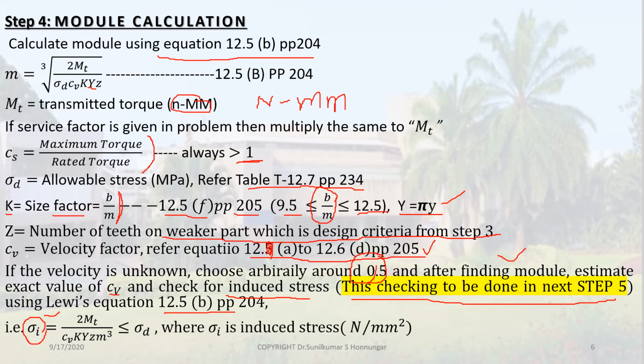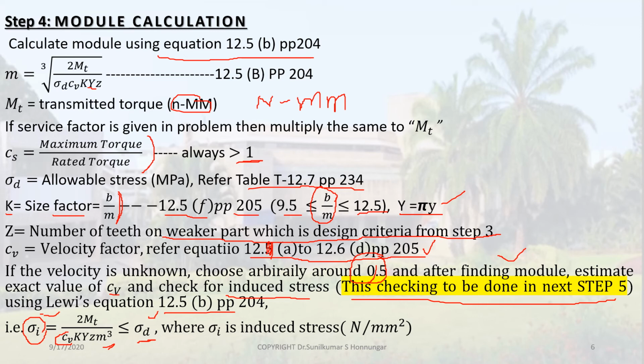That module was a cube root, so m cube has come over here, and that value has to be less than or equal to sigma d. Remember that sigma d is a strength, so this is the induced. So CV you earlier assumed; now after finding the module, you find the exact CV, substitute it in this expression, and check whether it is less or not.